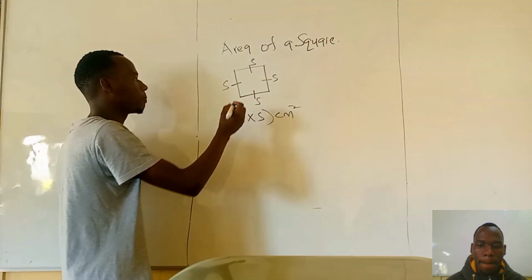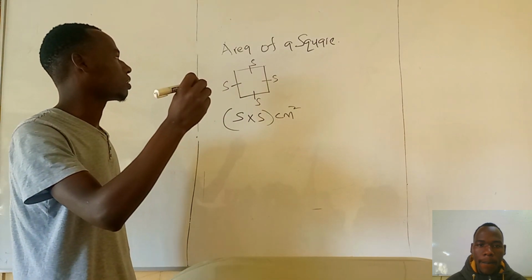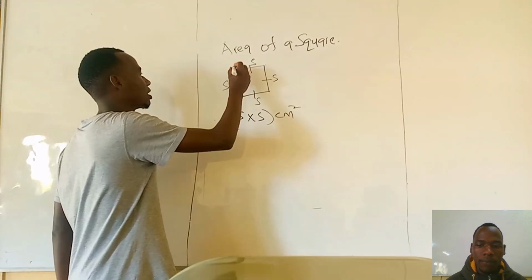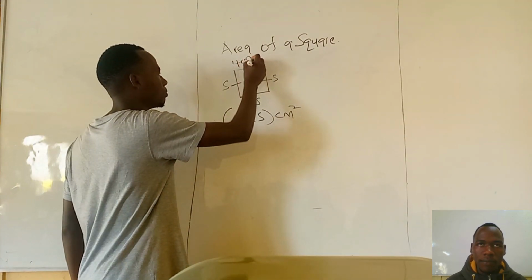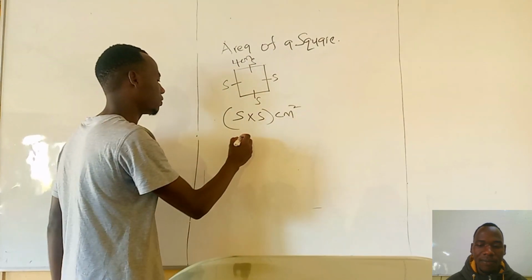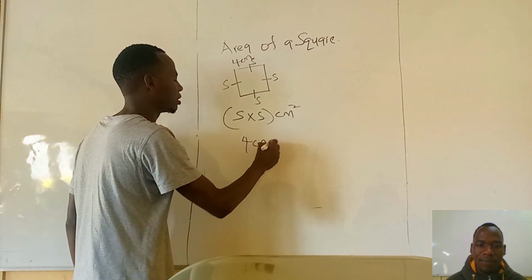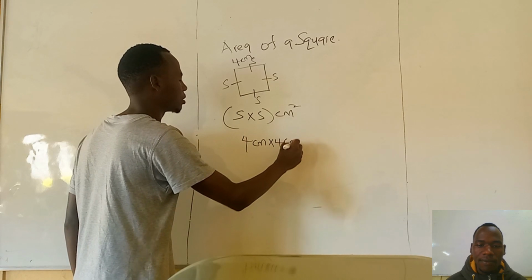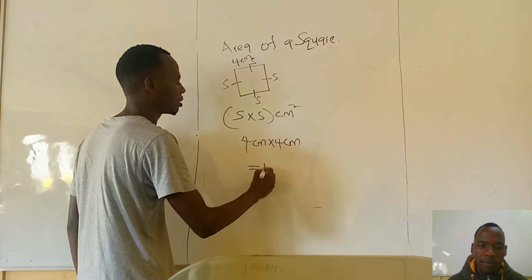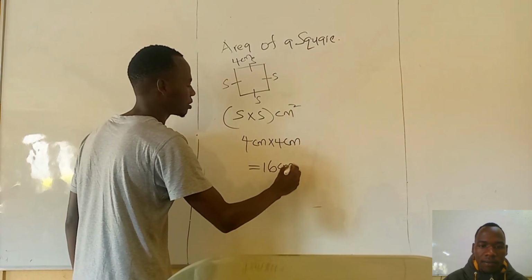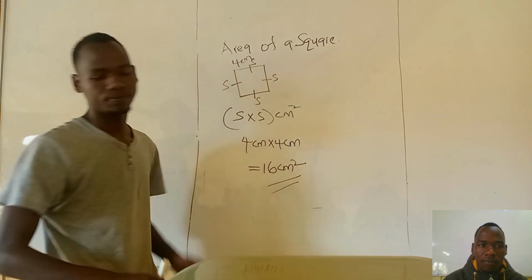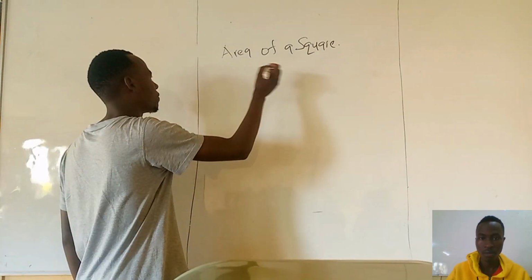So let's assume the side of our square was 4 centimeters. So the area will be 4 centimeters times 4 centimeters, and the product will be 16 centimeters squared.